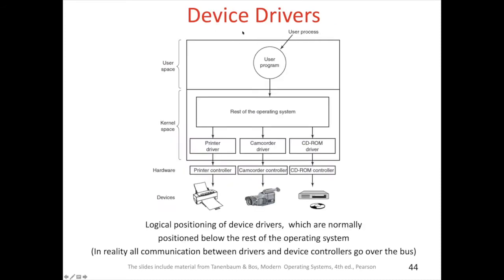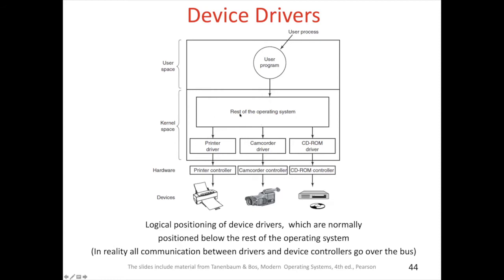Device drivers. Logical positioning of the device drivers, which are normally positioned below the rest of the operating system, is shown in the figure. In the user space, we have user programs, which become user processes when they are executed. And then we have kernel space.